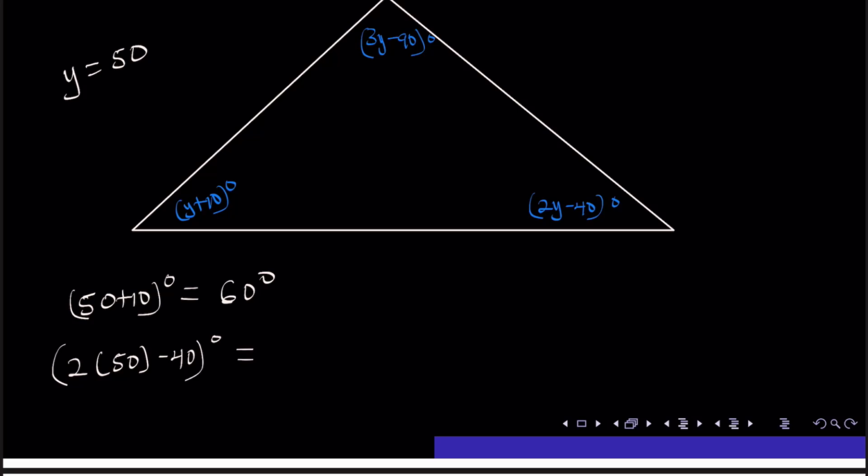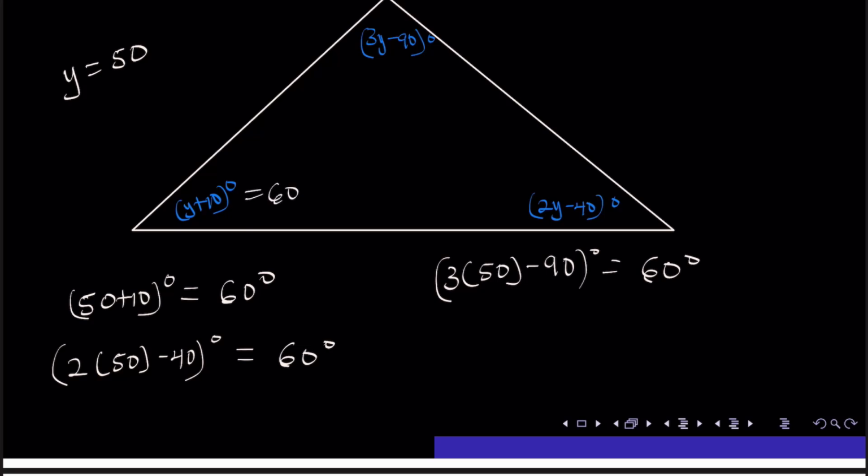Now 2 times 50 is 100 minus 40, which is going to give us 60 degrees. With the last angle, we have it to be 3y minus 90 degrees. So we are going to have 3y is now 50 minus 90. 3 times 50 is 150 minus 90, which is going to give us 60 degrees.